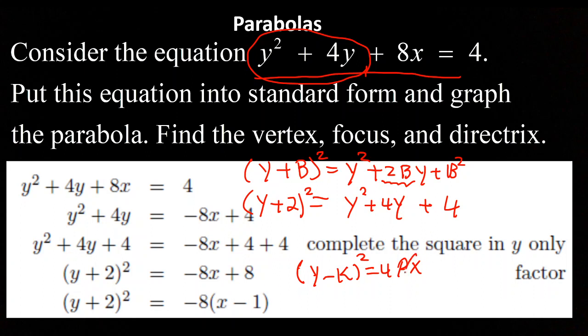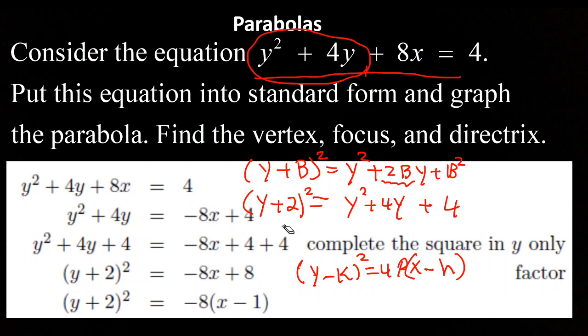We factor the negative 8 out here to write it this way. Now this looks like the formula. So our 4p is negative 8. The y coordinate of the vertex is negative 2 here, and the x coordinate of the vertex is at 1. So the vertex is (1, negative 2).